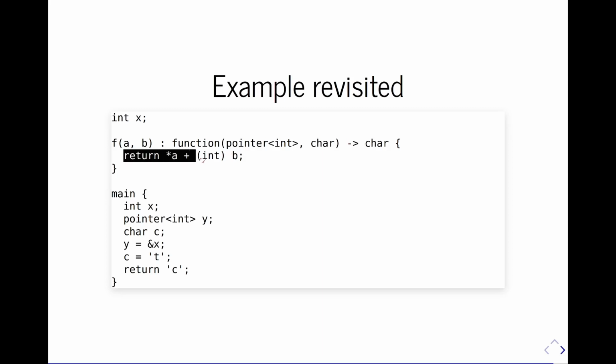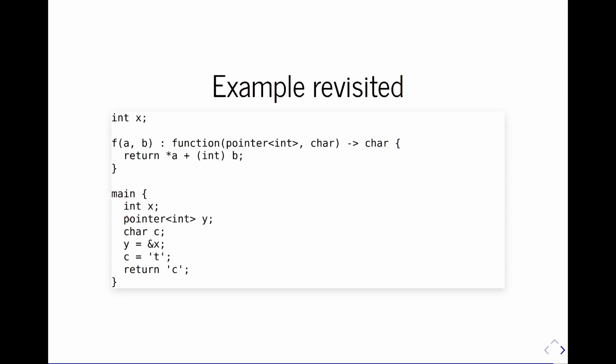The function has to have a return statement at the end of it. It dereferences a, casts b to an integer, adds a and b together, adds the dereferenced value of a. So basically it takes the ASCII value of b and adds whatever the pointed value is.